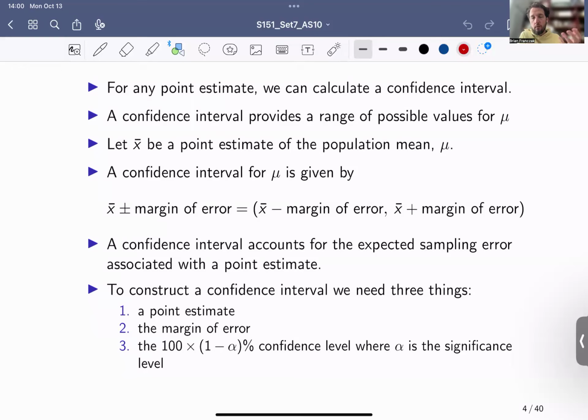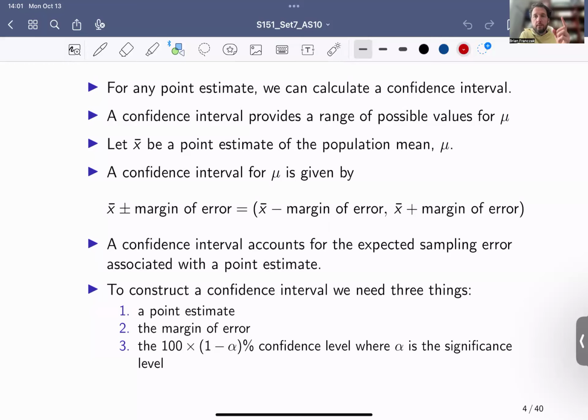As a result, we assume that there is some error associated with that sample. When we compute a point estimate from the sample, there's therefore going to be some error associated with that point estimate. So we would like to effectively control for or incorporate that sampling error into our inference.